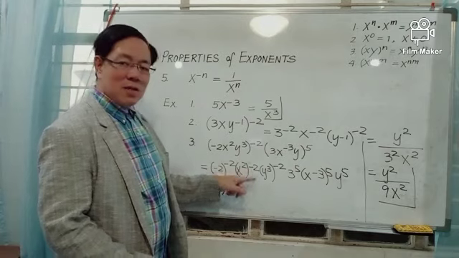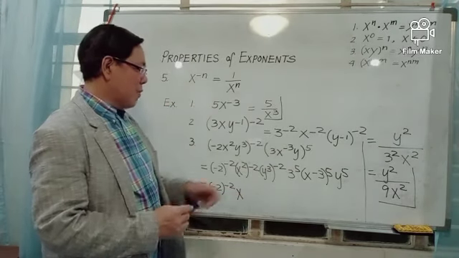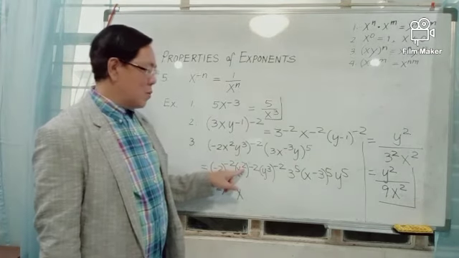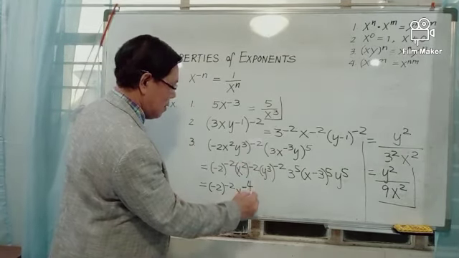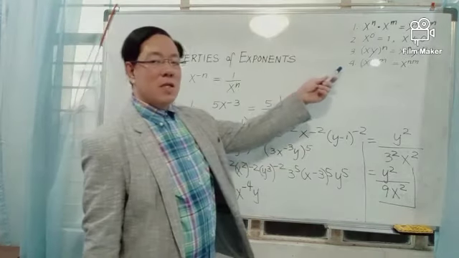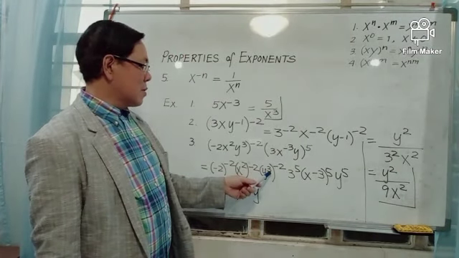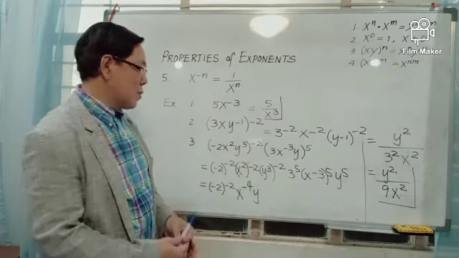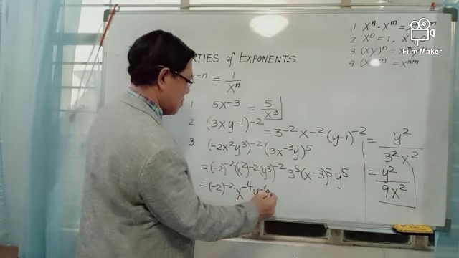So x squared raised to negative 2 is x to the power, multiply the exponents, 2 by negative 2 is negative 4. Multiply by y, by this property, y is raised to 3 multiplied by negative 2 is negative 6.